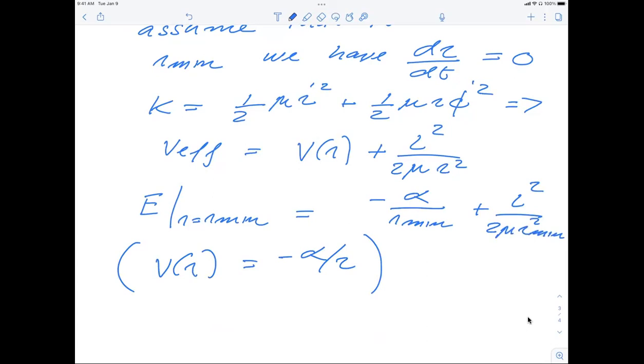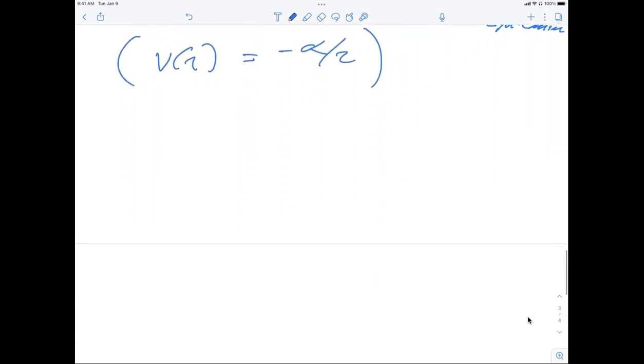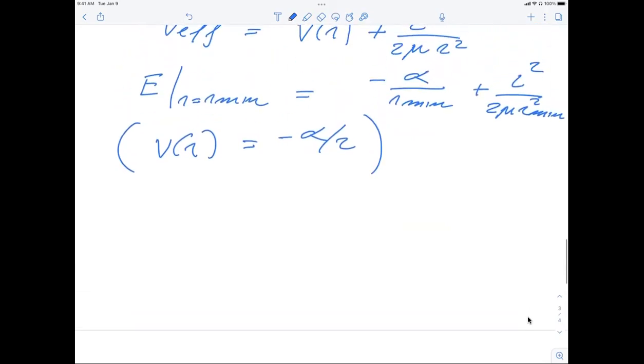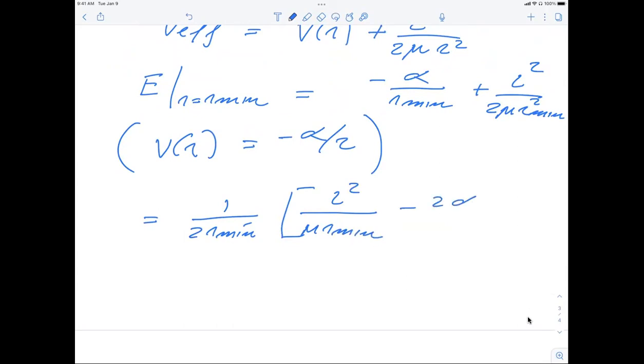So the next thing we can do now is simply to rewrite this. And if we manipulate the expressions a little bit, we can rewrite this in terms of 1 divided by 2 R min, and then a term which goes like L squared divided by mu times R min, and then a minus 2 times alpha.